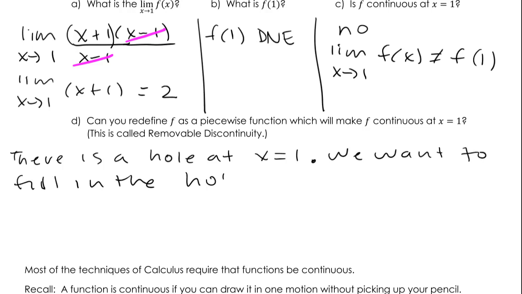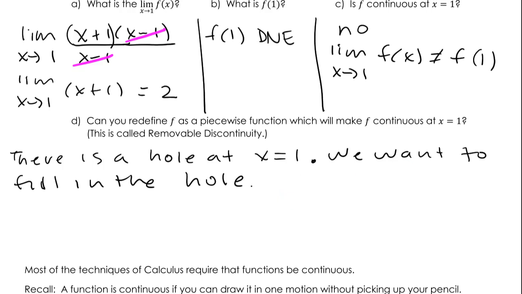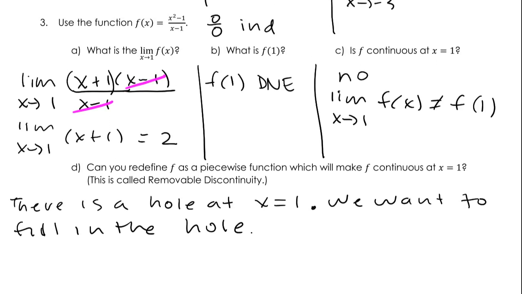We did one like this the other day when we graphed, I'll erase this in a second, but x cubed minus 8 over x minus 2. We had a parabola with a hole at (2, 12), if you can imagine or remember that. Okay, so what will this look like? Well, we took this function here and simplified it to be this. So these functions agree at all but one point.